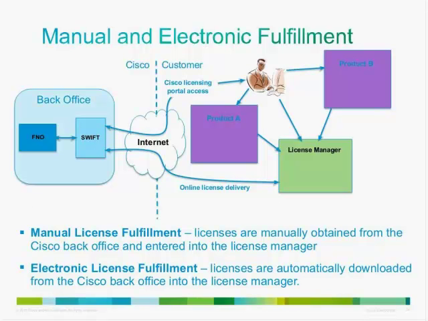So right now we have in front of us manual and electronic fulfillment. For example, we have license manager over here, then we have end user, and then internet. Internet is required when we are going to use the electronic license fulfillment. Otherwise, the manual license fulfillment is the old traditional way with the new link though.